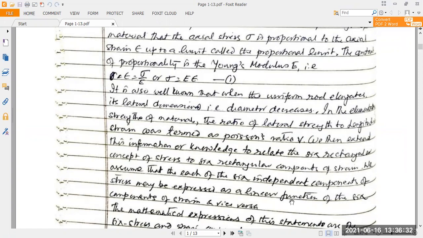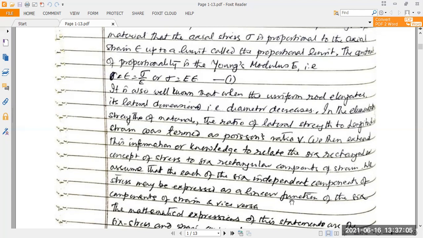So we have the knowledge that stress is proportional to strain and lateral strain is proportional to longitudinal strain. These two relations are what we call the relation between stress and strain, and this knowledge is related to the 6 rectangular components of stress and the 6 rectangular components of strain.